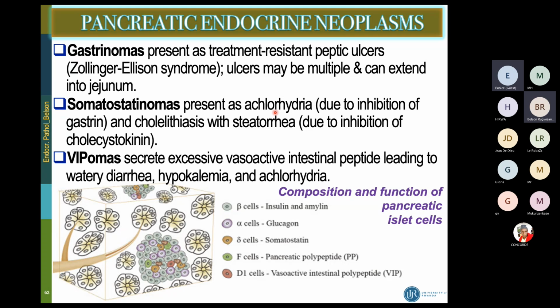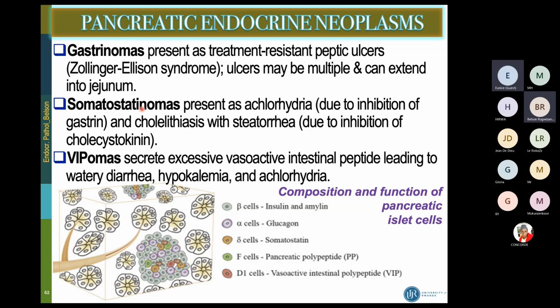So there is no production of the hydrogen chloride acid. What you should notice is that the action of gastrin is opposed to the action of somatostatin.